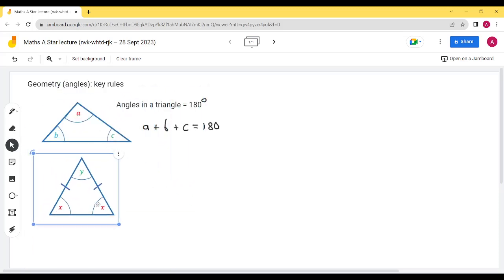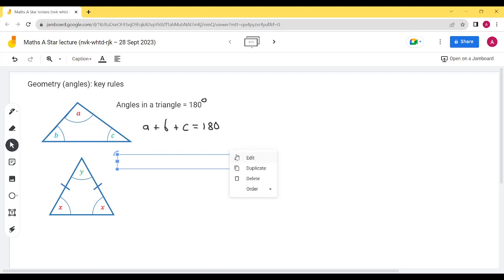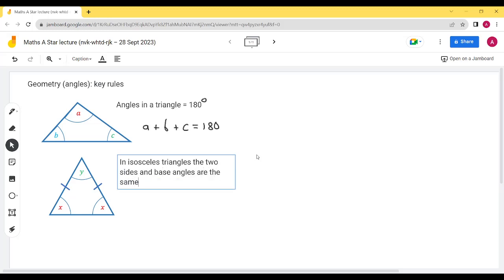So we've got here an isosceles triangle. In isosceles triangles, the two base angles are the same. So in terms of the shape, it's basically 2x plus y equals 180 degrees.